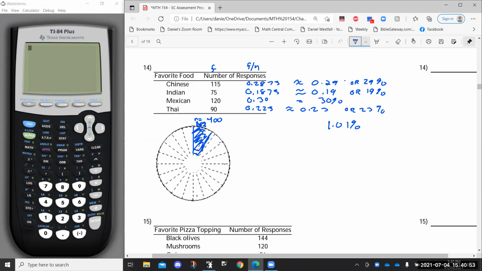Let's see here. We should have a total of 36. It's here, and then so we're going to have something like almost out to the same place, but not quite.